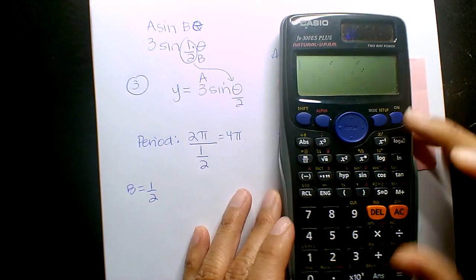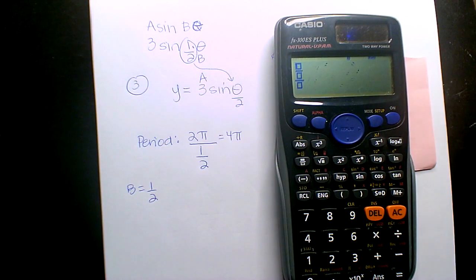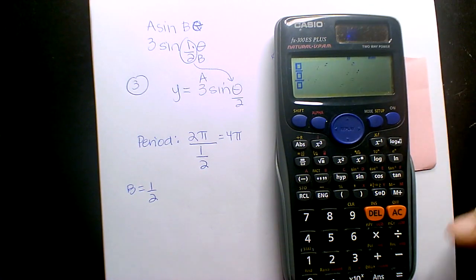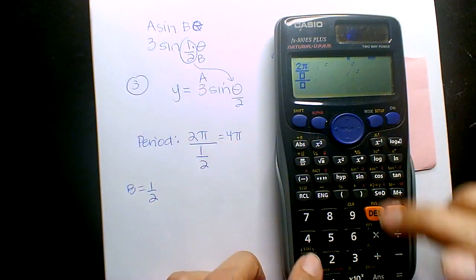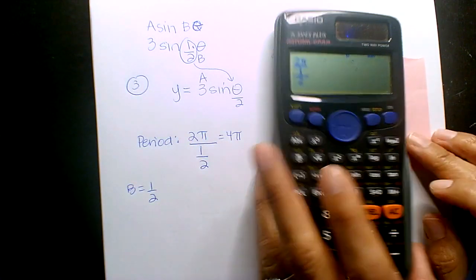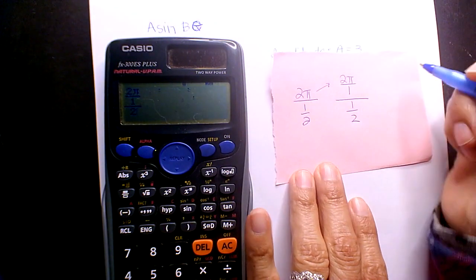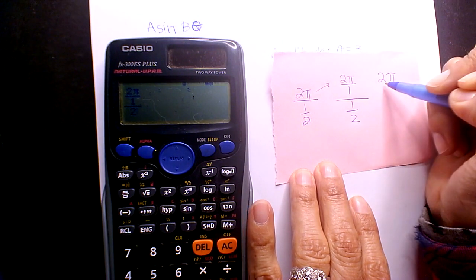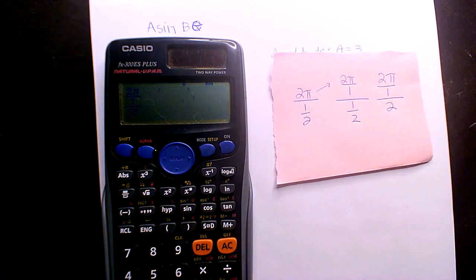If you went fraction, you're making your numerator the fraction. So if you go 2 pi 1, 2, what you have here is 2 pi over 1 over 2, which is 2 over 1.